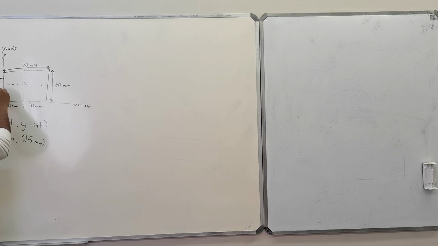When you're writing it, you start from 0 and move. So your center point would be located at 35 millimeters along your x and 25 millimeters along your y. That's the centroid.